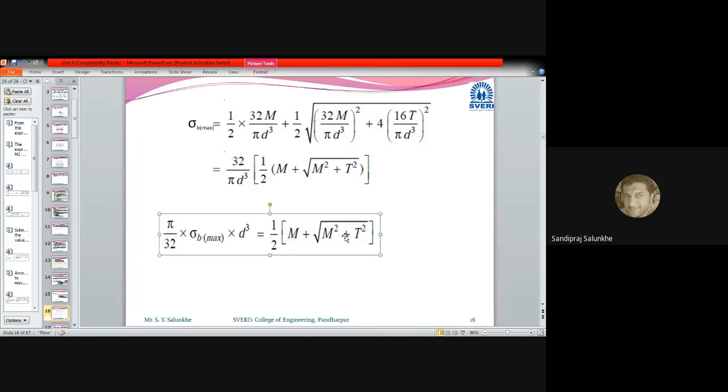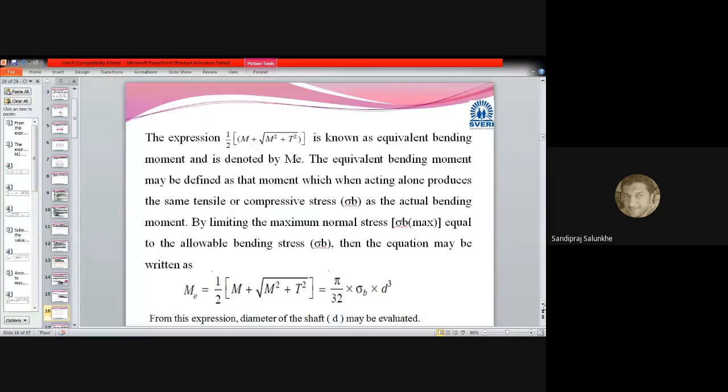Now this term has been separated out, that is half of M plus under root M square plus T square, because this expression is known as the equivalent bending moment, which we have calculated and is denoted by M suffix e.